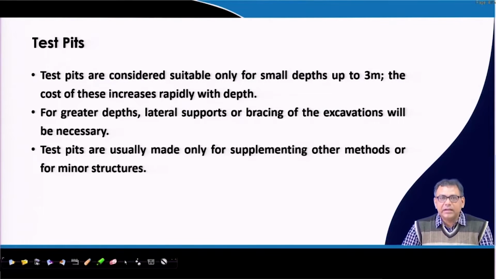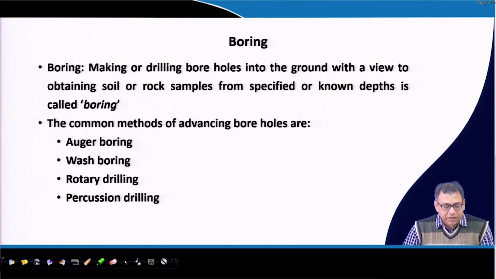This method is suitable up to a small depth of 3 meters. As the depth increases, the cost increases rapidly. So, for greater depth, you have to provide lateral support for the soil. Then these pits are generally used for supplementing the other methods or for minor structures.